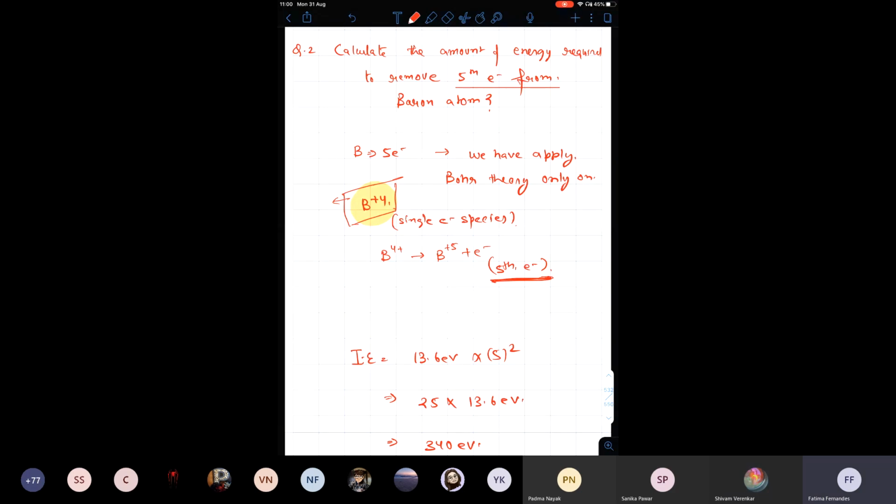How many electrons does it have? B plus 4. Initially, it had 5 electrons. 4 electrons are gone. So now it has only the fifth electron. So we can apply this theory. Directly the formula we have to put.